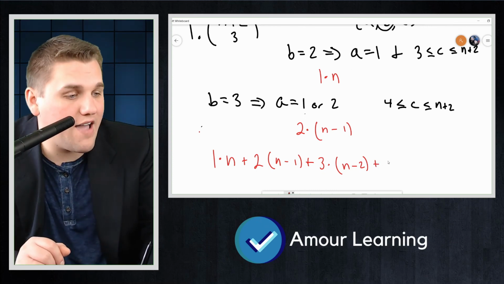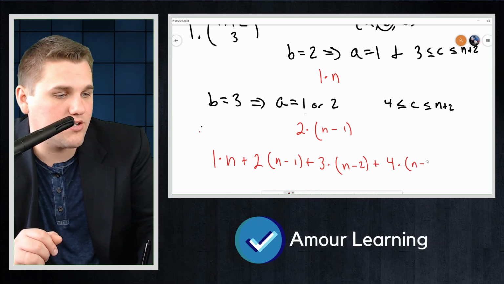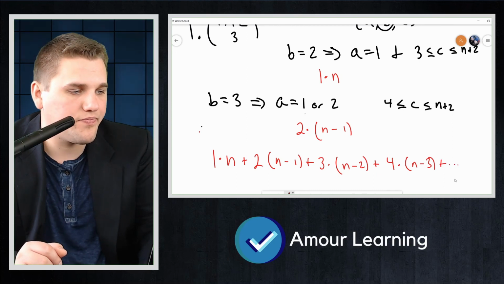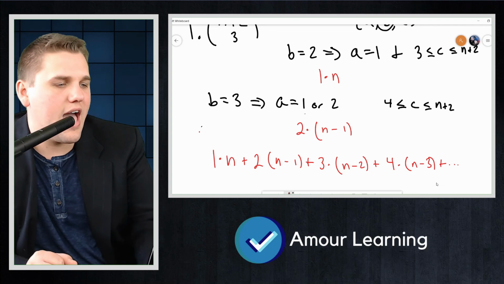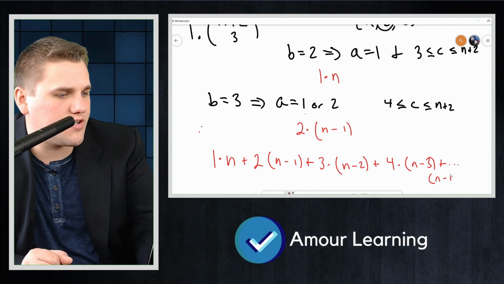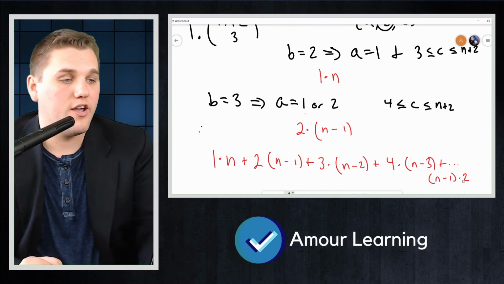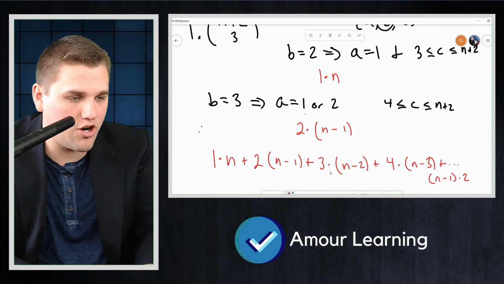When b equals 5, there are 4 ways of choosing a and n-3 ways of choosing c, and so on. And eventually we're going to get up to n-1 choices for a and 2 choices for c, which is just the reflection of that term.